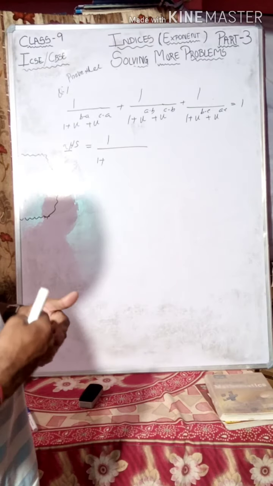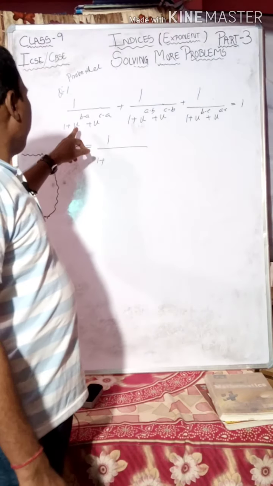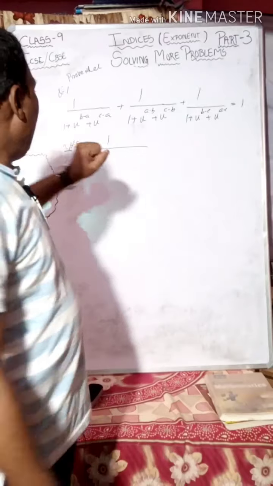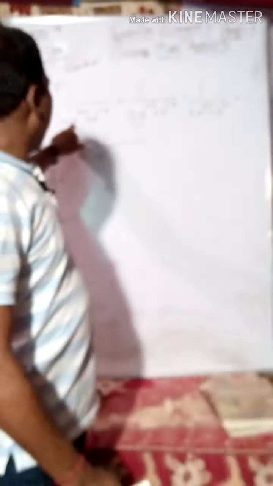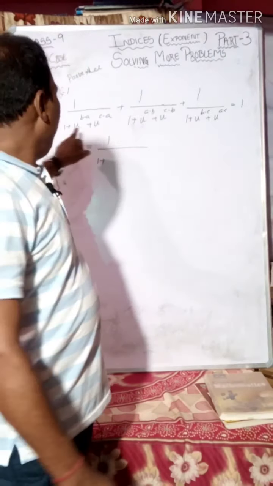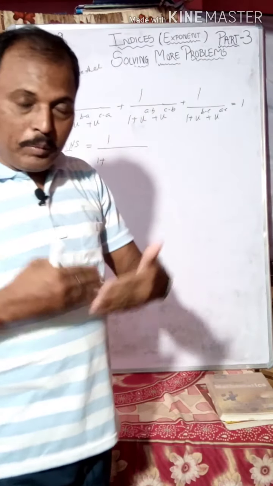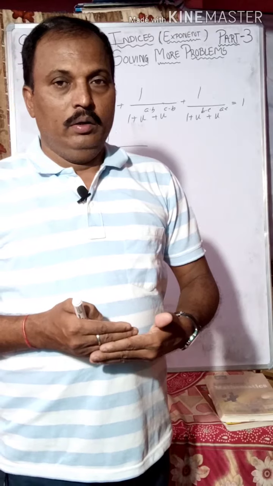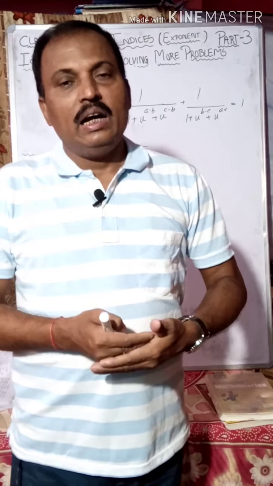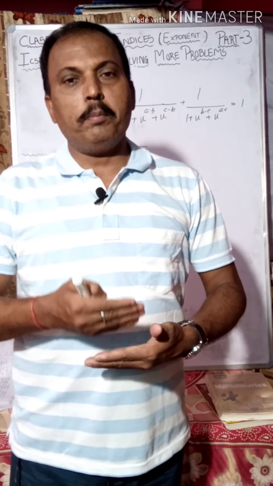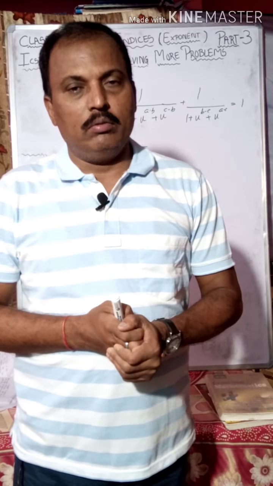Here we can judge only x to the power b minus a. When indices are subtracted, it must be division. When indices are added, it must be multiplication.